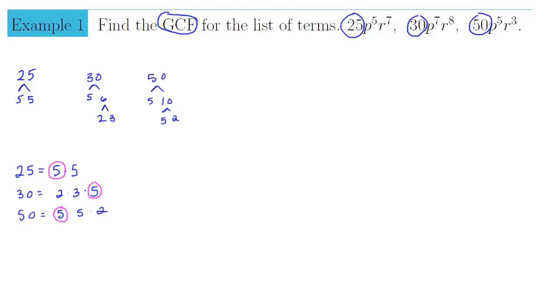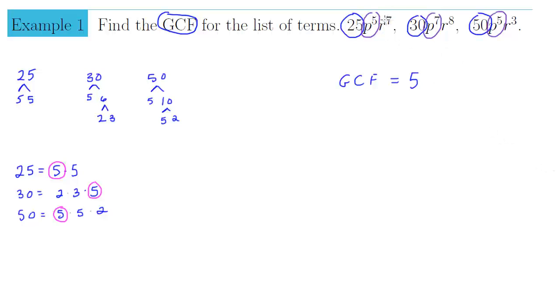So when we start building our GCF for these three terms up here, we know we're going to have a 5 as our coefficient. But now we need to go in and focus on the variables. p to the 5th, p to the 7th, p to the 5th. What's the GCF between those three variables?